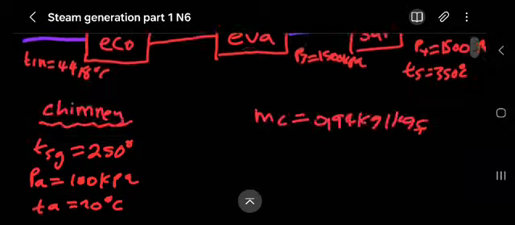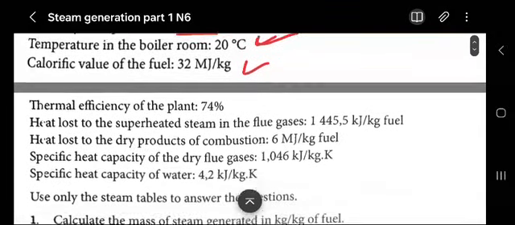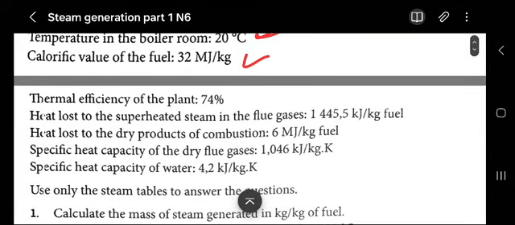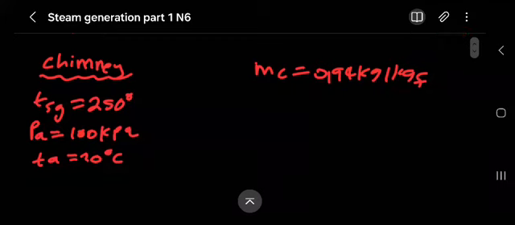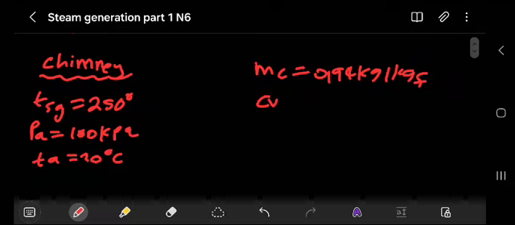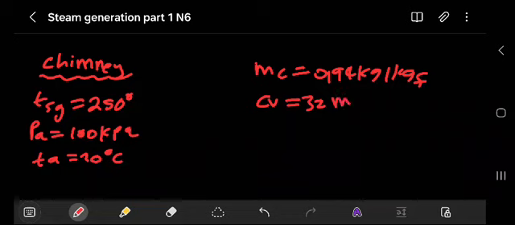Then what do we have again? From our data, caloric value there, 32 megajoules per kg. That is CV, caloric value.